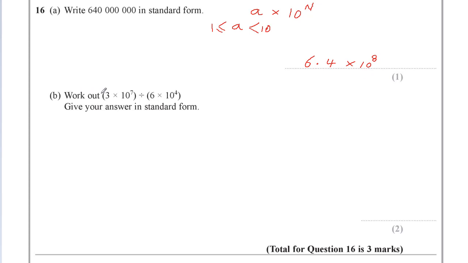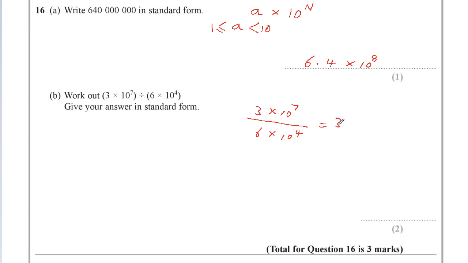Part B, work out 3 times 10 to the 7 divided by 6 times 10 to the 4. So I'm going to give you your answer in standard form, of course. I'm going to slightly rewrite that as this. I'm going to take 10 off there and put it there.